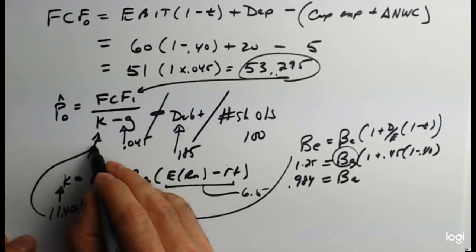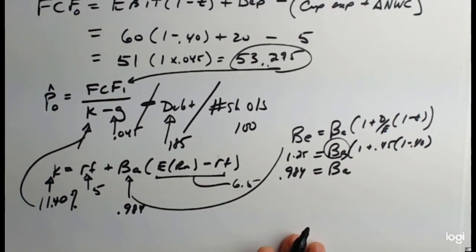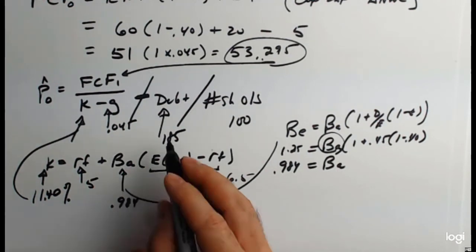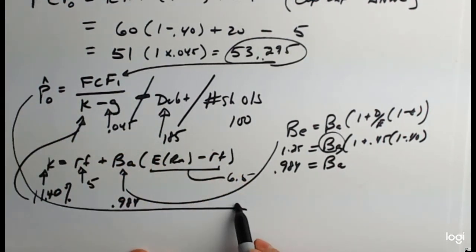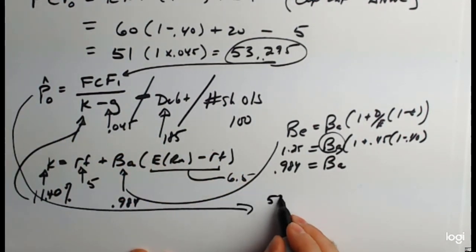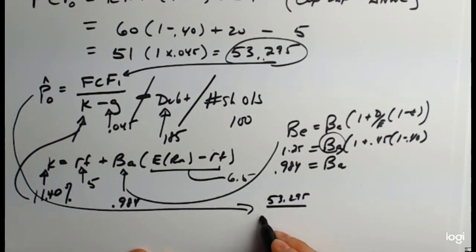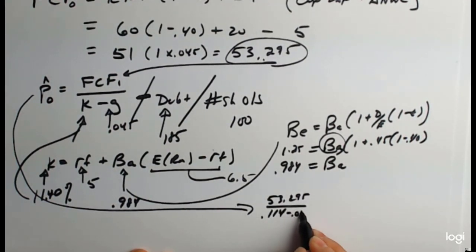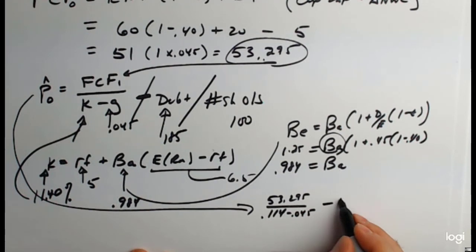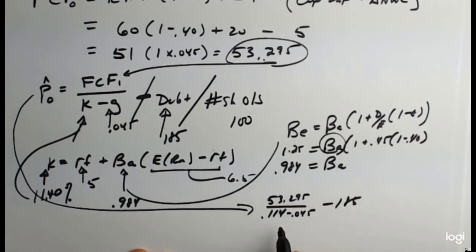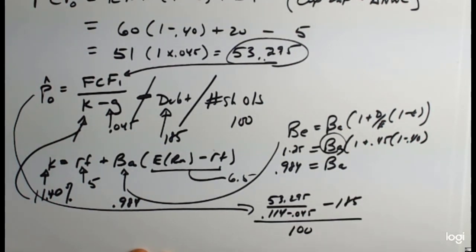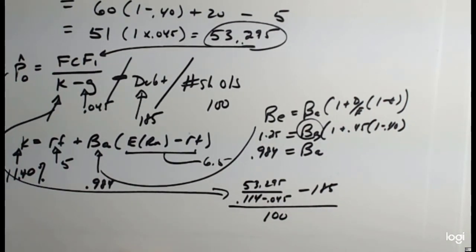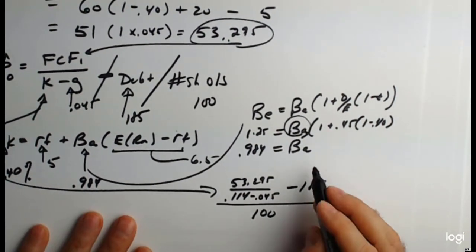So there it goes in there. So when you work the problem, I'll do it down here. 53,295 divided by this, minus 185, and take the whole thing divided by 100 million shares. And that becomes this whole thing right here.